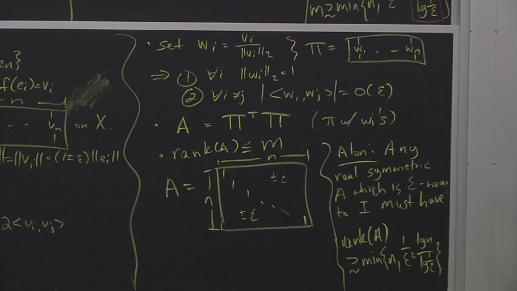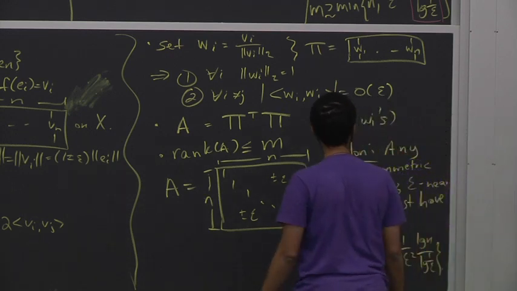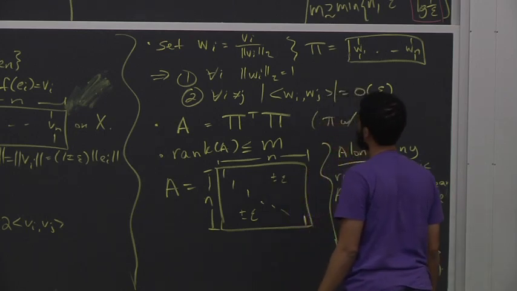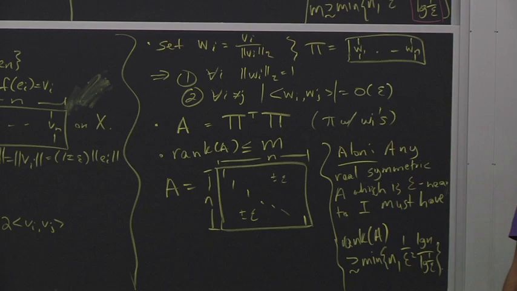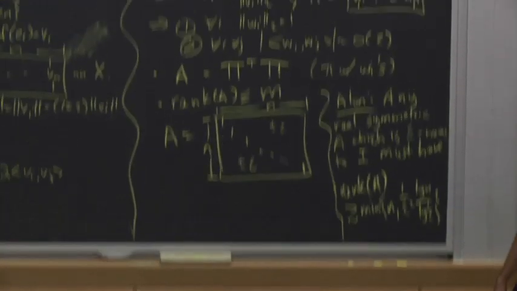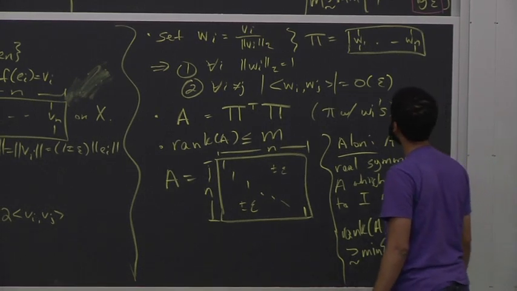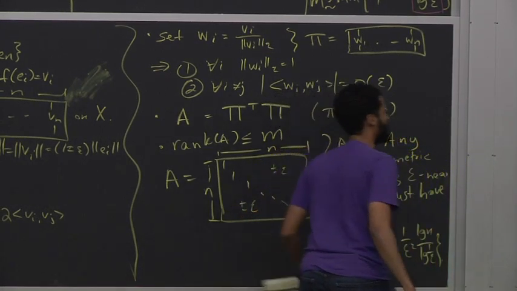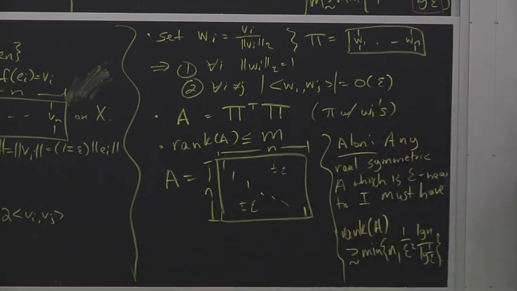Why is the rank at most m? Right, so the rank of A. Yeah. So what do we have? We have that A is equal to pi transpose pi.